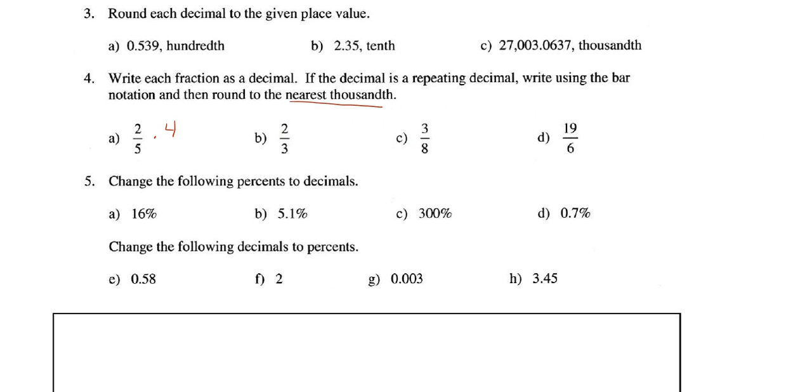Now for letter B, this is a repeating fraction. So this becomes 0.6666. So I could write it as 0.6 with a repeating bar, because the 6 repeats, or I can write it to the nearest thousandths.